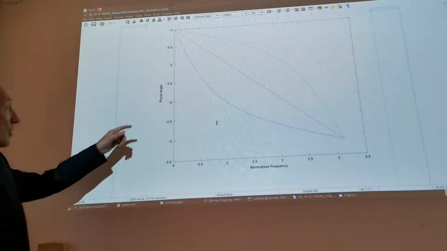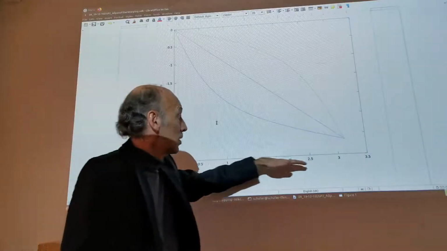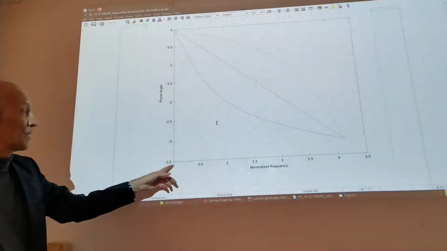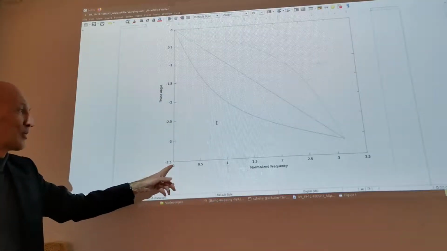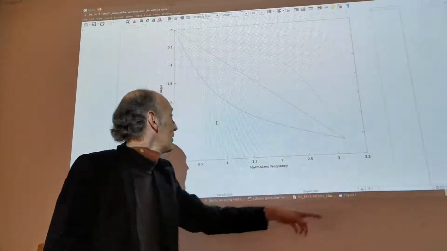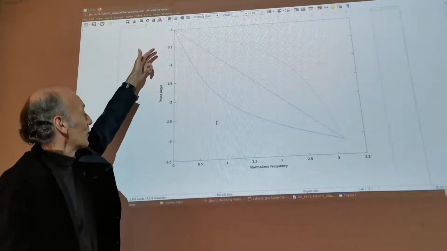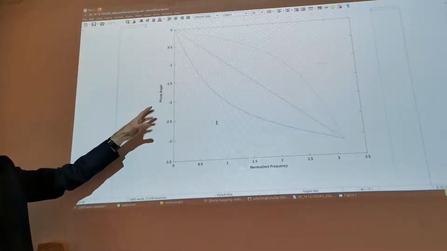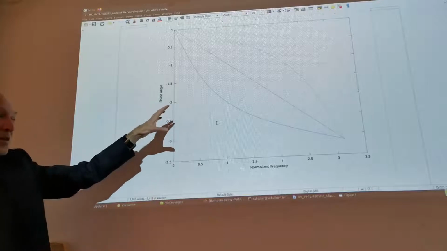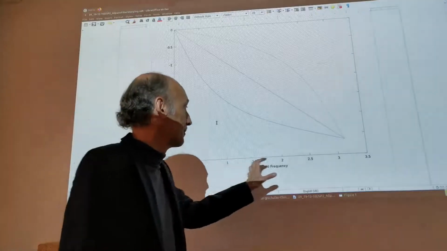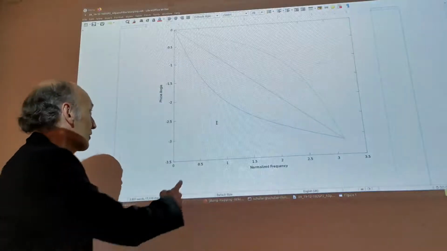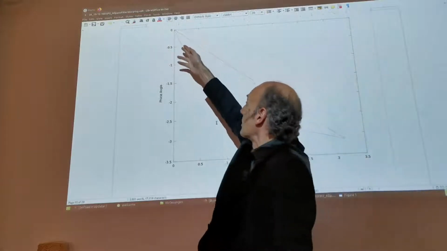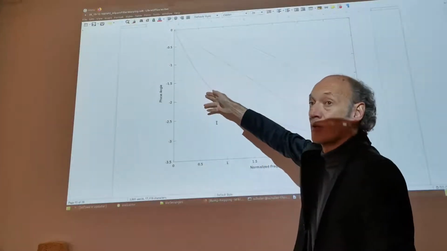Here you have a mapping from input normalized frequency to output phase, and you can see they have the same range. The normalized frequency goes from 0 to pi, and the phase goes from 0 to minus pi, so the same range, except for the sign. In the beginning, a little increase in normalized frequency gives me a fast rise in the angle.